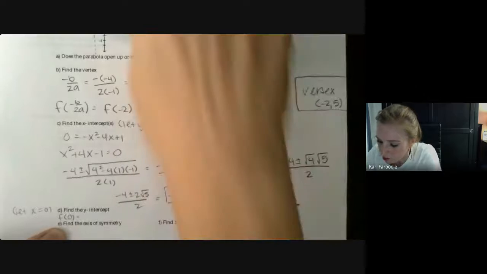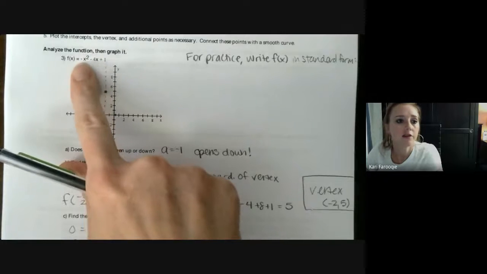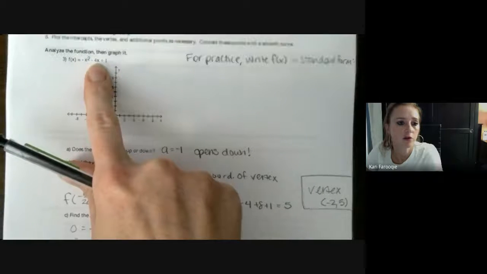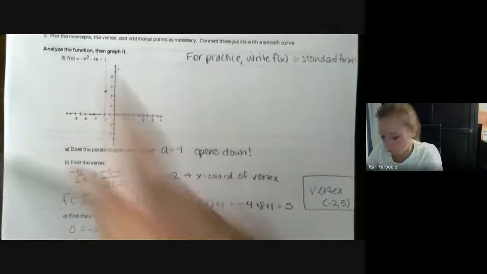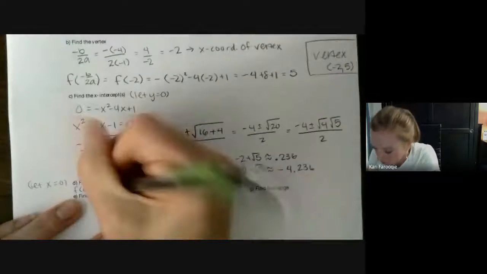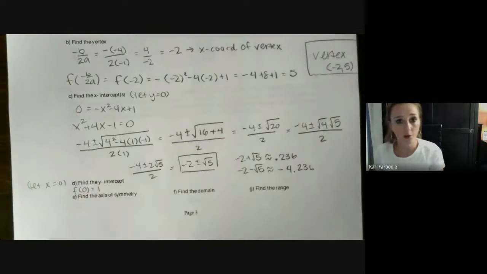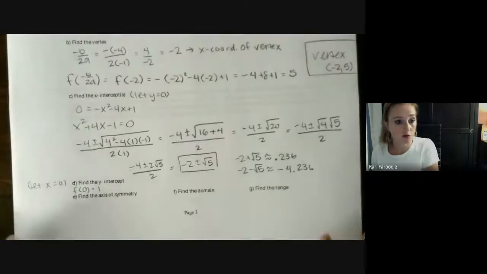And f of 0 is easiest to compute if you look at your function in this form, because that means the first and second terms go to 0, and all you're left with is +1. So f of 0 equals 1, which is, when we eyeballed it, just about where it looked like it was supposed to be.